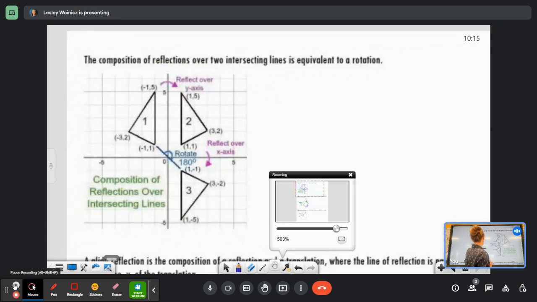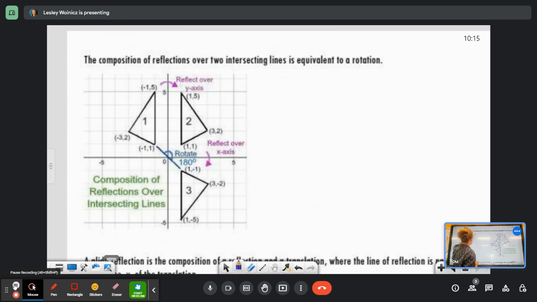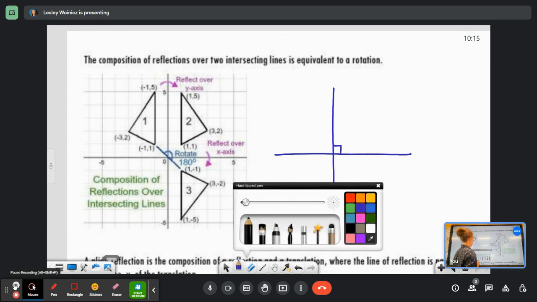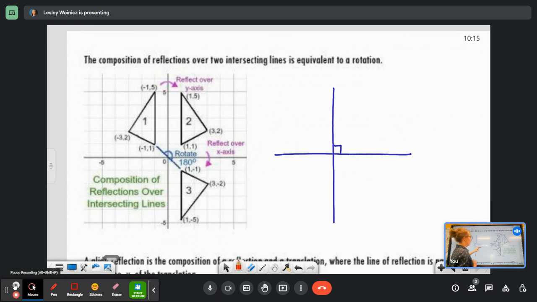So we can draw our own picture. We're going to draw intersecting lines. Let's make ours perpendicular. I find that right triangles are easier for me to keep track of which side is which. So I'm going to start with my right triangle here, and then I'm going to reflect it in, let's say, the y-axis.